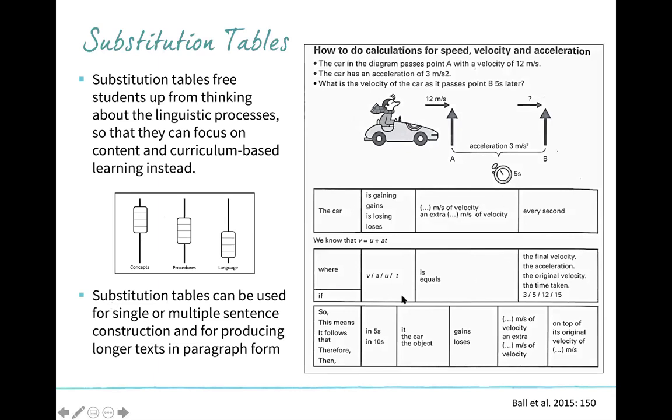And there's one here where we're thinking about calculations for speed and velocity, acceleration. These are quite complicated concepts. So if we want our students to get to grips with the concepts, then we could put this substitution table in place to enable them to start using their brain power on the complexity of those calculations and how to express that, rather than worry too much about sentence construction.